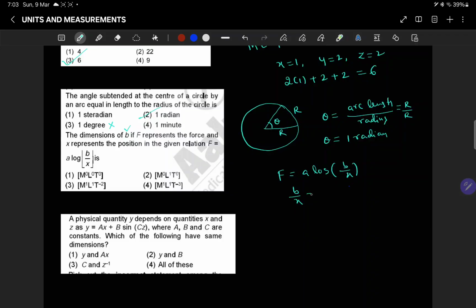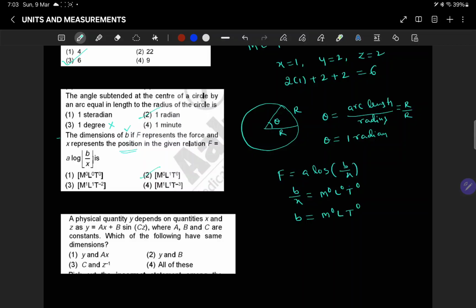That means B by X is dimensionless, M power 0, L power 0, T power 0. Just cross multiplication: X represents position, that means L only. From here B equals M power 0, L, T power 0. So this is the dimensional formula of B. It is given as M power 0 L T power 0, second option, students.